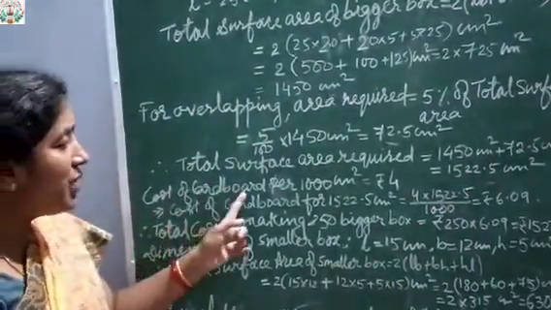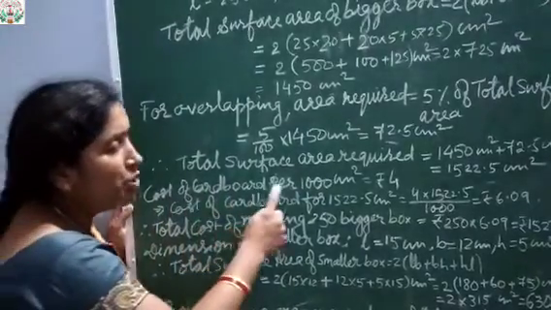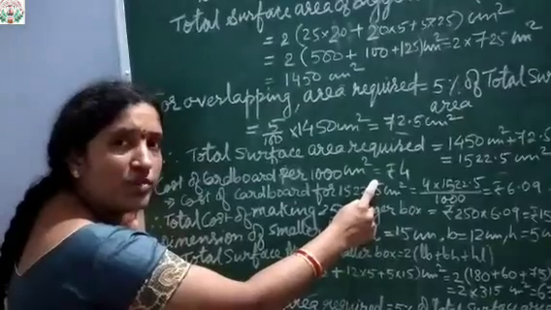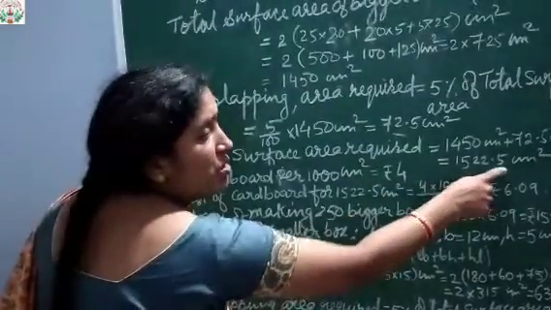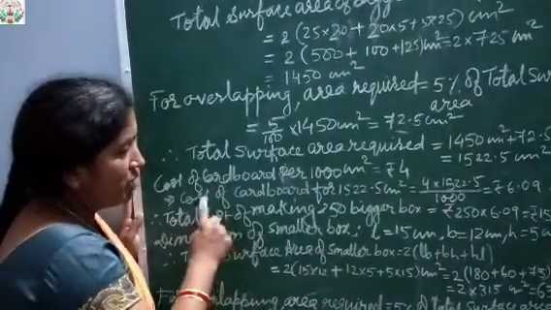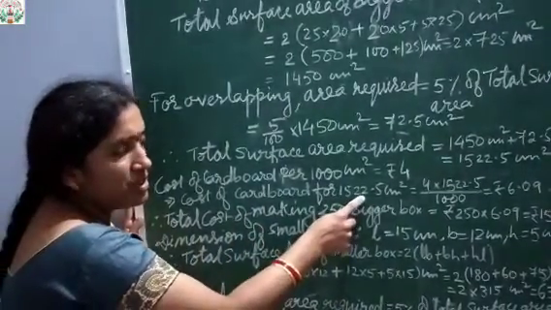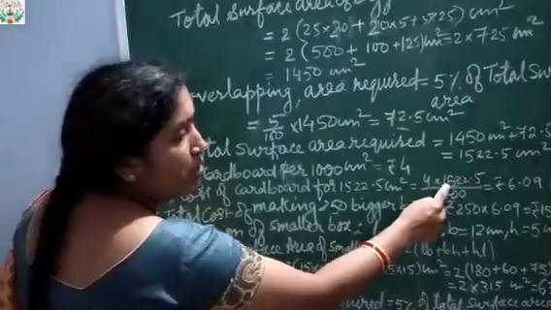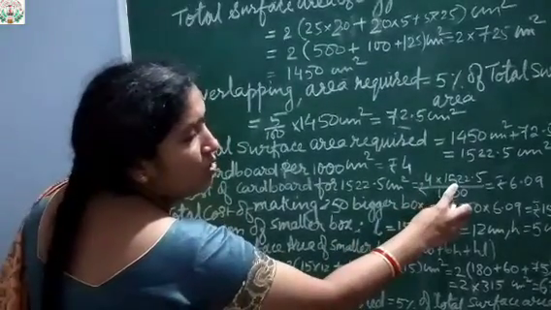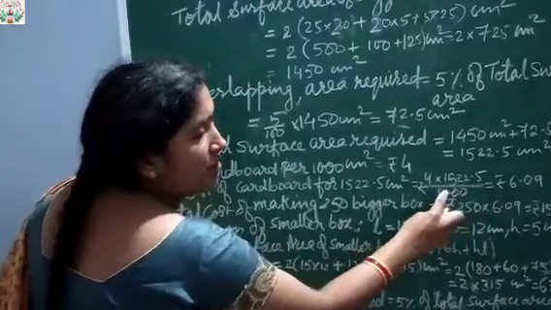Now the cost of cardboard per 1000 cm square is rupees 4. We got 1522.5 cm square, so the cost of this much will be rupees 4 into 1522.5 upon 1000.